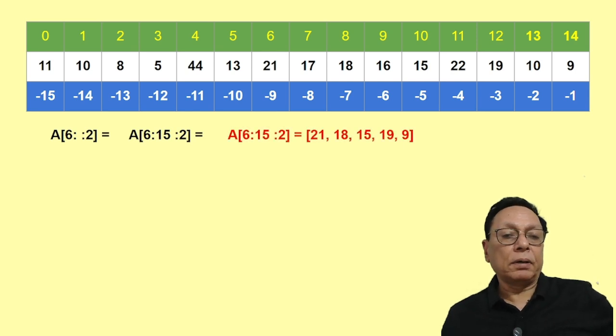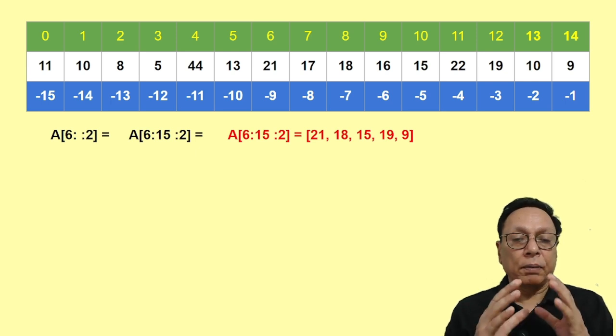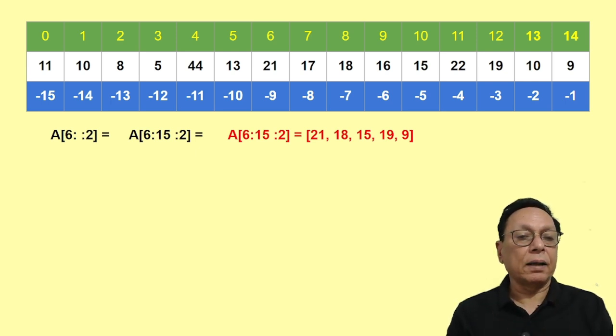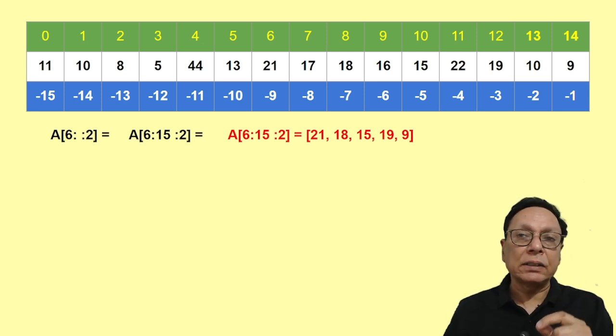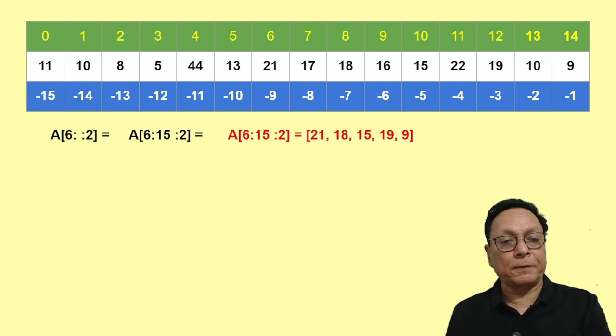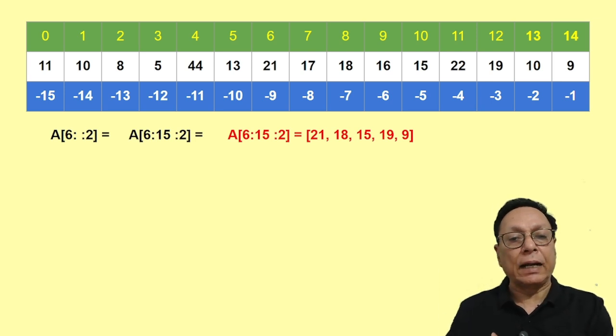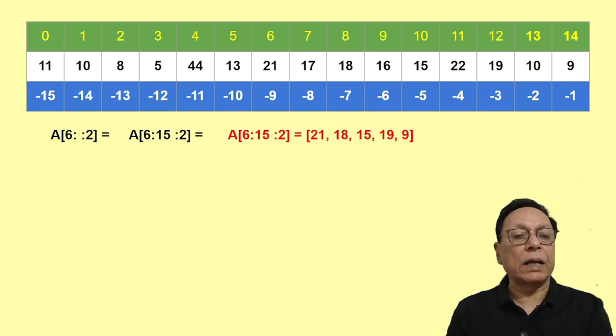Next example, see here, 6 colon 2 means the starting index is there and the ending index is missing. So ending index means the end of the list. So you can suppose 14 plus, beyond the end. So I have just taken 6 to 15 and the step is 2, gap of 2.